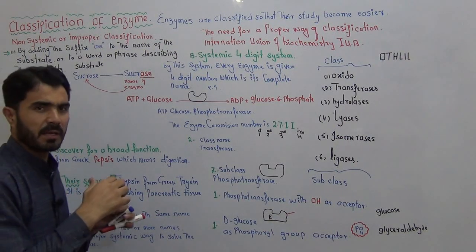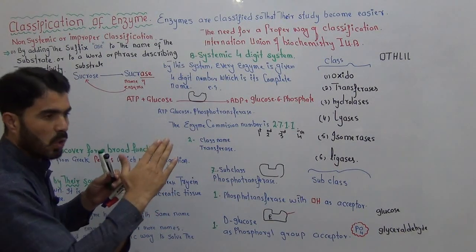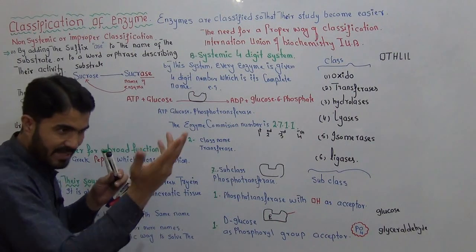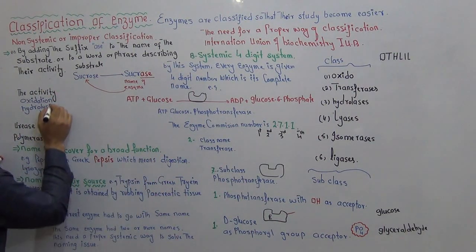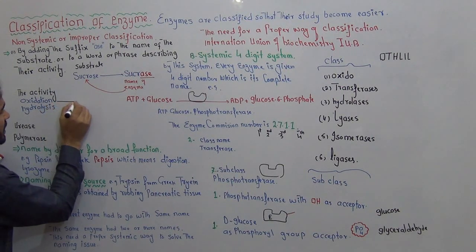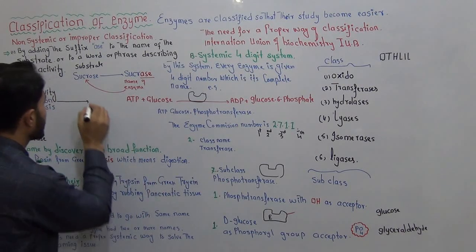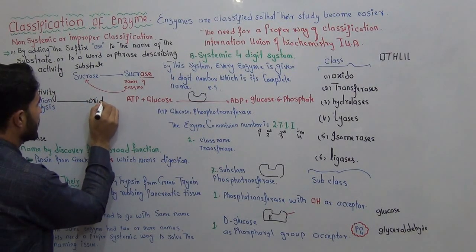Oxidation is a chemical process in which a compound loses hydrogen, or it gains oxygen. So those enzymes which are involved in the process of oxidation are called oxidase.